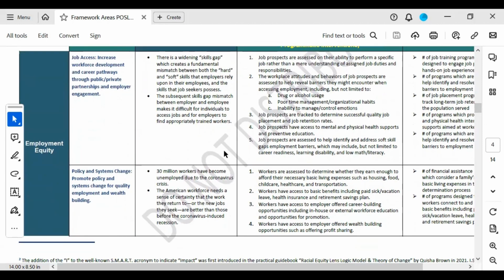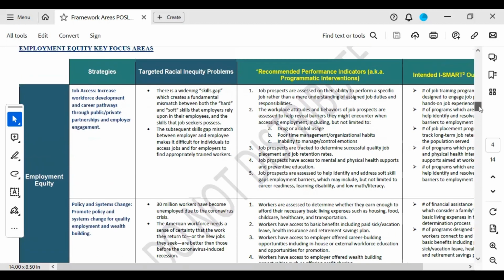So the Kellogg Foundation's main focus is to fund organizations who are actually doing the work as it relates to improving employment equity. And so these are things that have been identified from the community as being important to creating employment equity. And so all of the indicators for employment equity are listed here under recommended performance indicators.